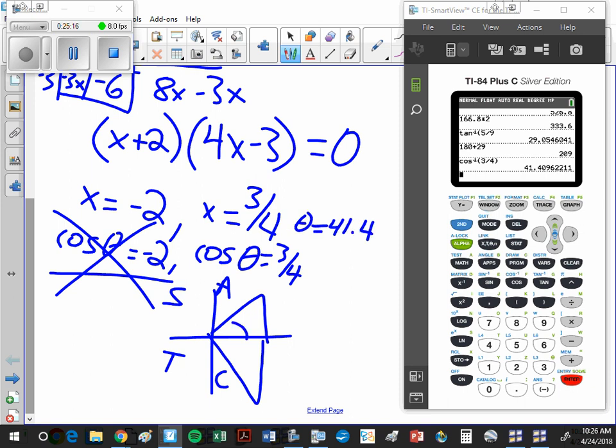That's this angle. What would this angle be? So it would be 318.6. Yep, those are the only two angles that are within one rotation. Okay, let's do 53.